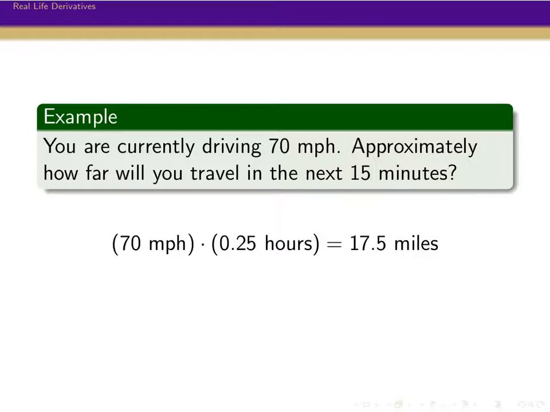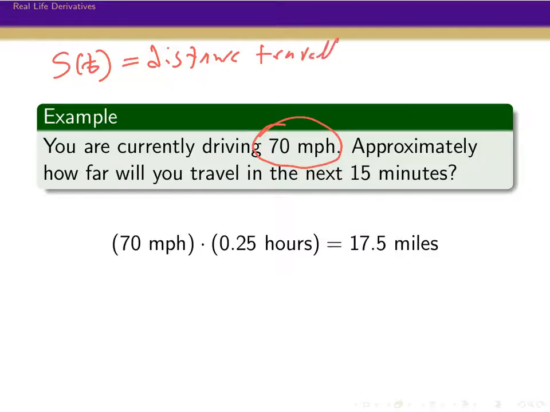Okay, so this is a calculus class, so let's think about how we think about this in terms of calculus. What is this 70 miles per hour talking about? It's talking about speed. So if we think about s of t being distance traveled, same as before, then what's 70 miles per hour going to be talking about? Well, that's the value of the derivative.